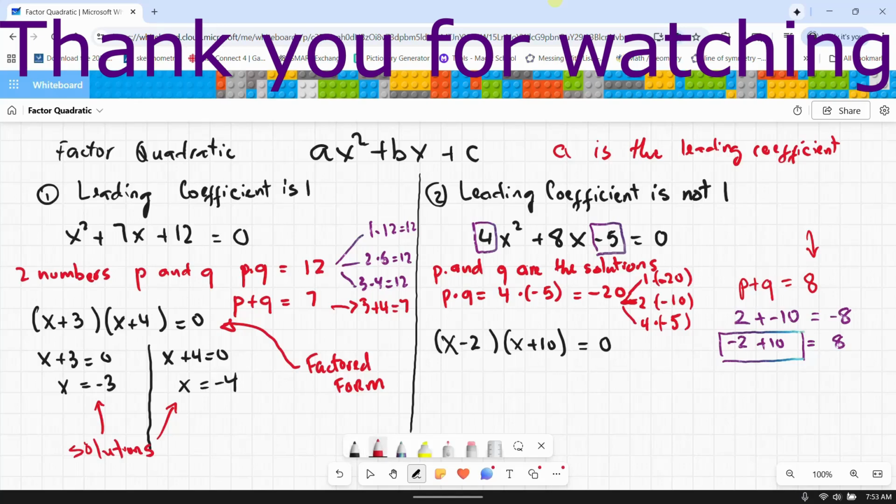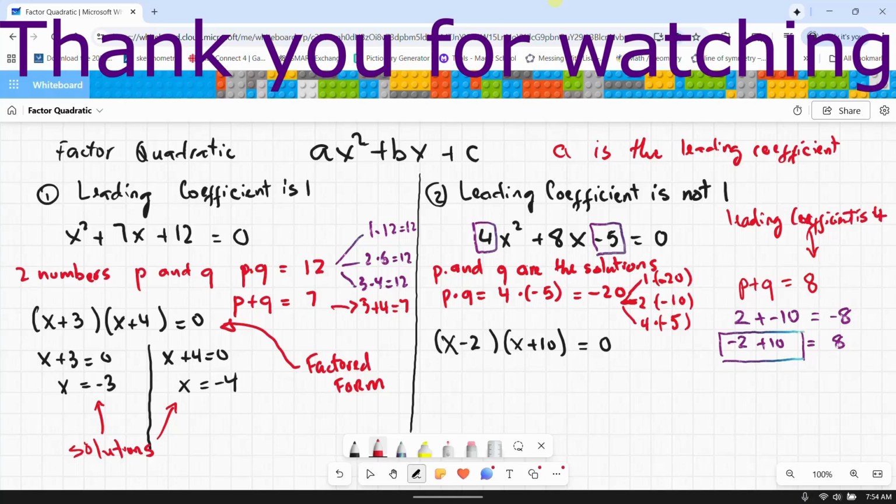After you write it in factors, this is not the final answer. We have to divide this by the leading coefficient. The leading coefficient here is 4.